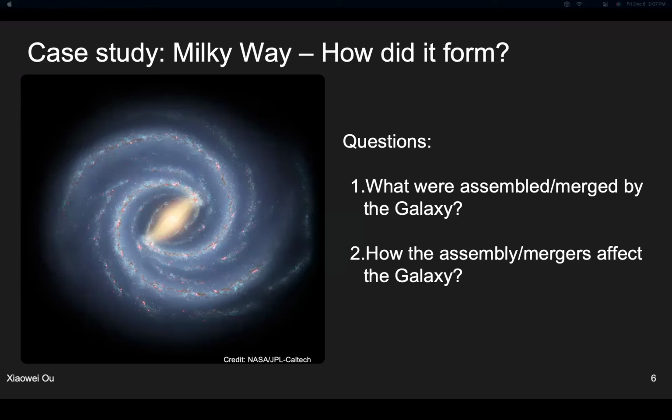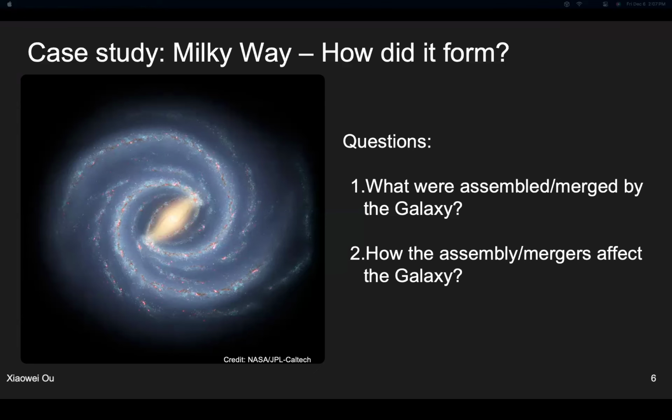We also want to look at ongoing merger events, the ongoing assembly process with galaxies falling into the Milky Way. How has that affected the satellites, and also the Milky Way itself, if it has experienced any distortion in its matter distribution?